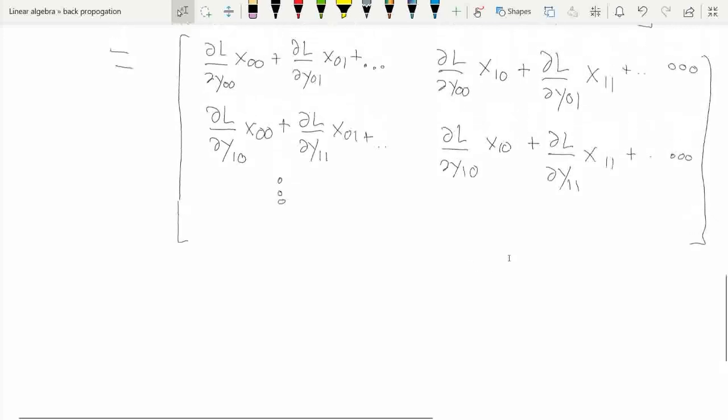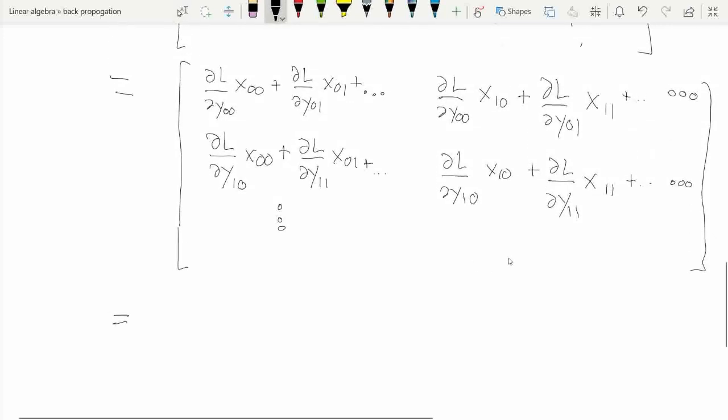And as you can see, this is partial L by partial y 0,0, partial L by partial y 0,1, and so on.